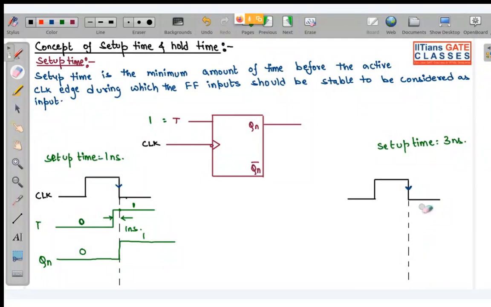See very carefully. If this is the active clock edge, now assume your input is making a transition like this.